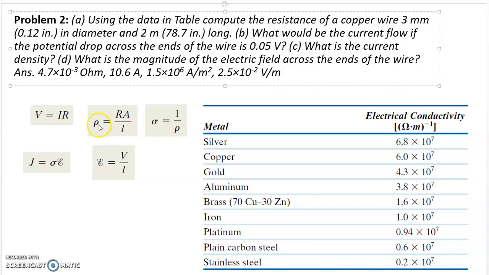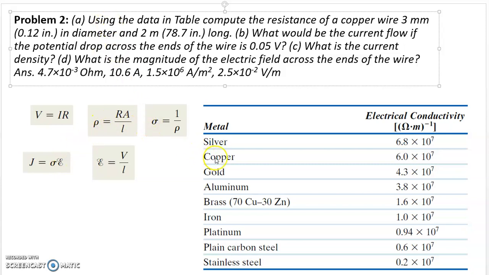This equation is for the resistivity, and the area of the cross section is known, and length is also known, which is 2 meter. Resistivity we can determine from the electrical conductivity values. In this case I will apply this equation.